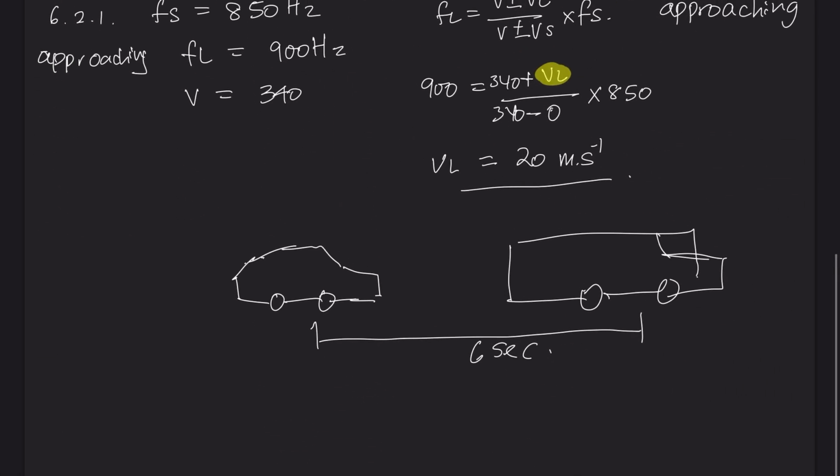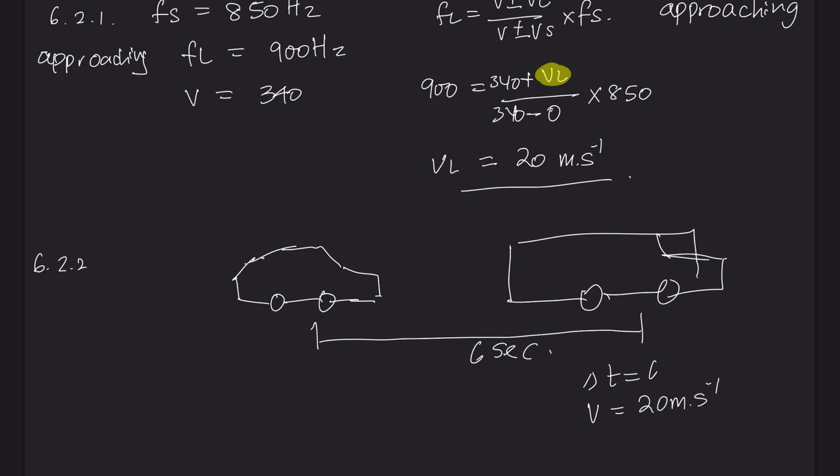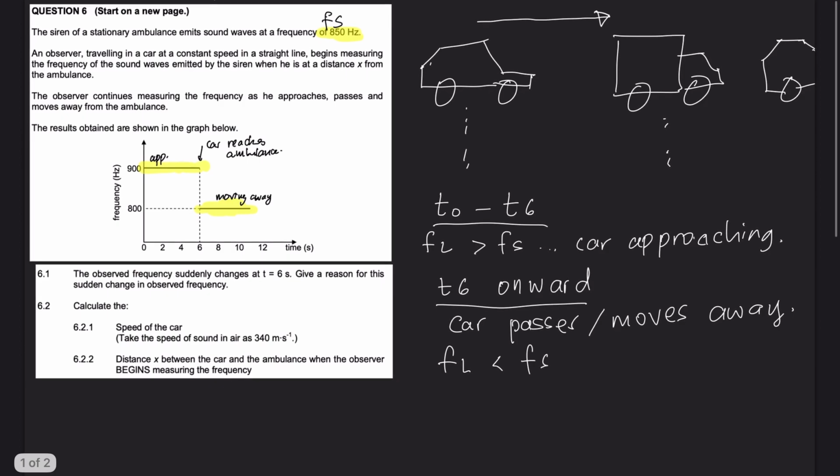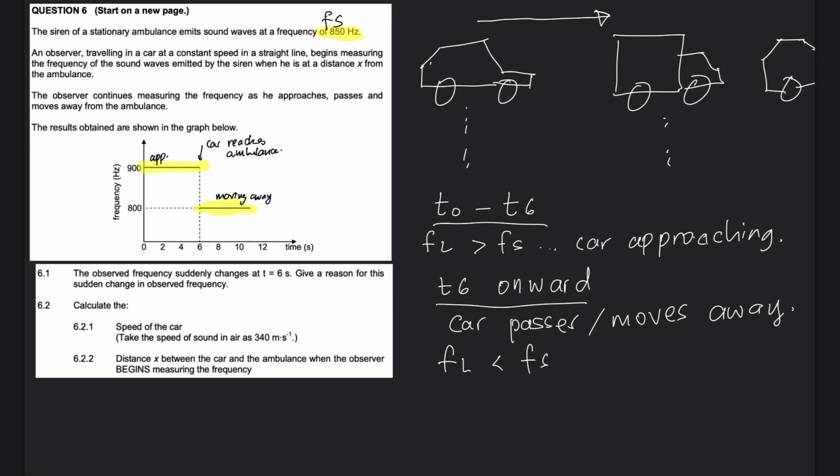So let's write out our quantities. So question 6.2.2, we know delta t is 6. Okay, we know the car is moving at 20 meters per second. We worked that out. So V equals 20 meters per second. Now let's read this carefully, and we can find one more quantity.